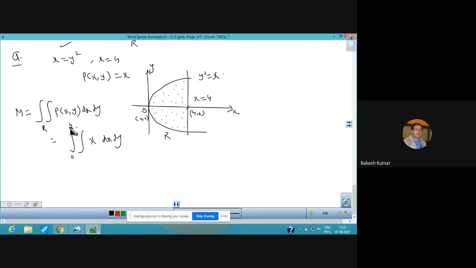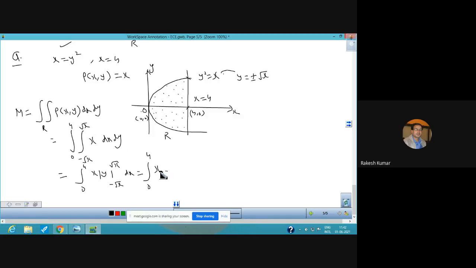And y varies from the parabola y squared equal to x, so we need to find the points of contact. From this equation, y equals plus or minus root x. So the limits of y are minus square root x to positive square root x. Now you can integrate it. So you will have x y from minus square root x to positive square root x, dx.